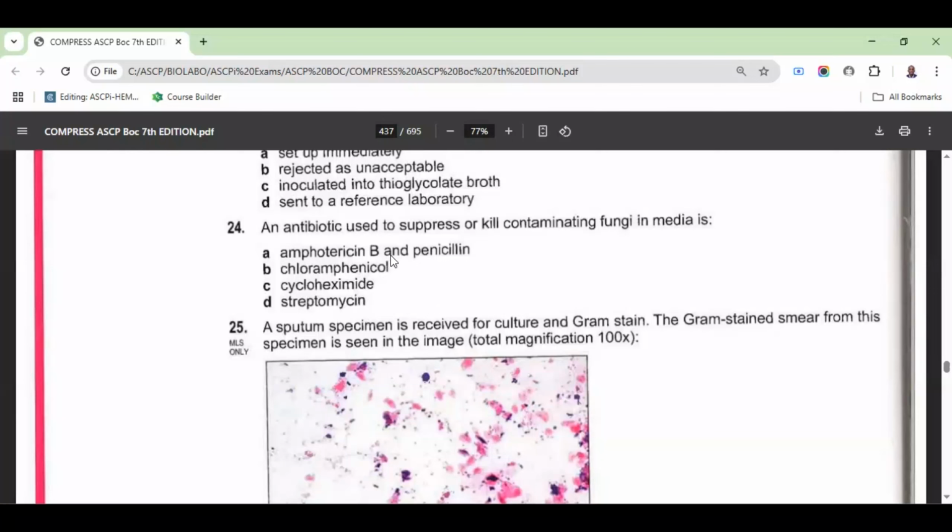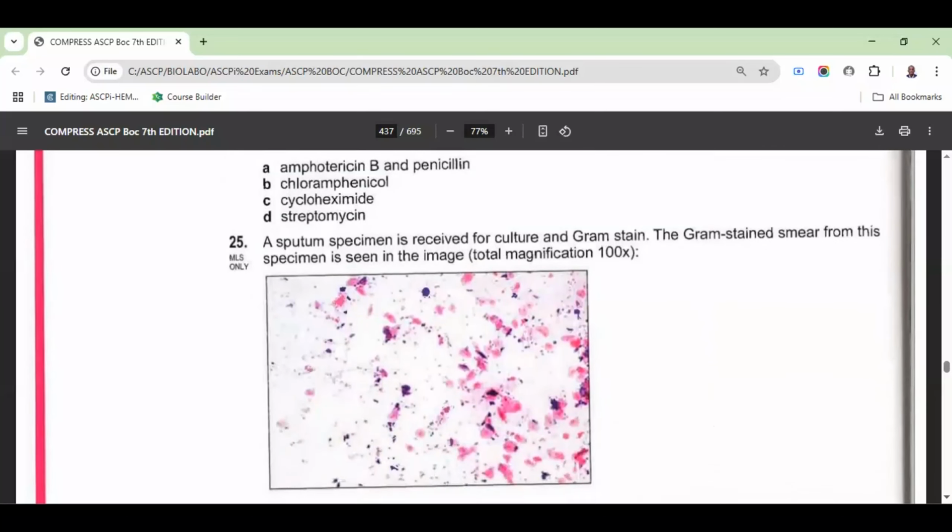Amphotericin B is a drug we use to treat fungal infections, but we don't use it in media. And even penicillin, we can't use it for fungi, because they are used in combination. Even if penicillin is not there and they give amphotericin B, you cannot choose it because, yes, it is an antifungal drug, but it is not used in this protocol.